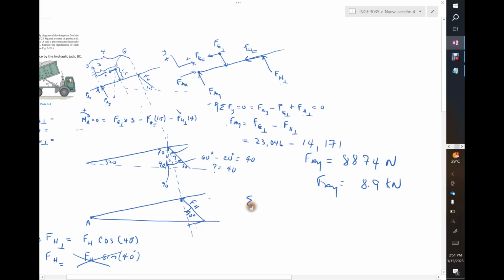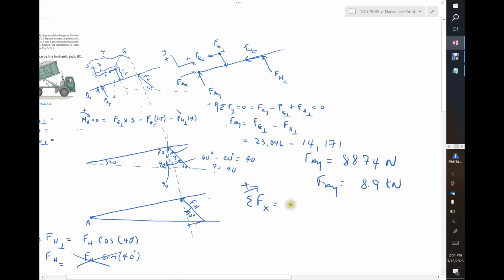We do the sum of all forces in the x direction according to this diagram, and we said positive in that direction.